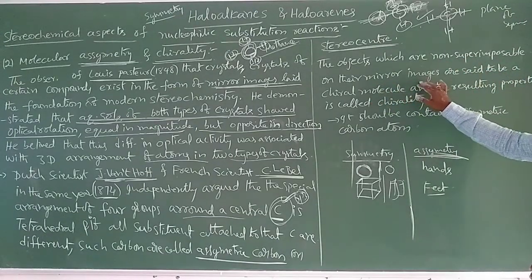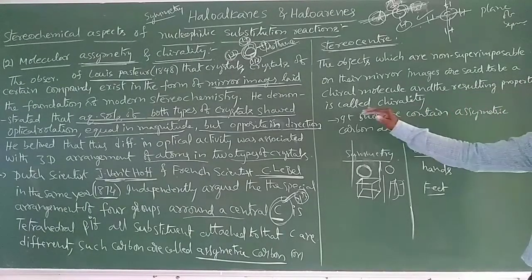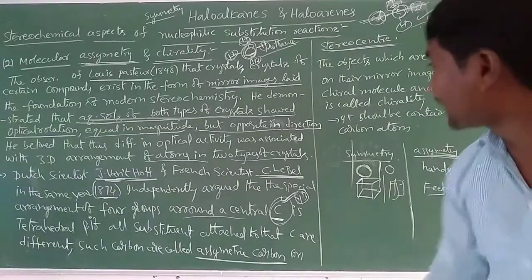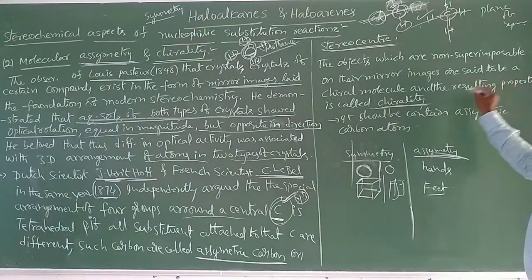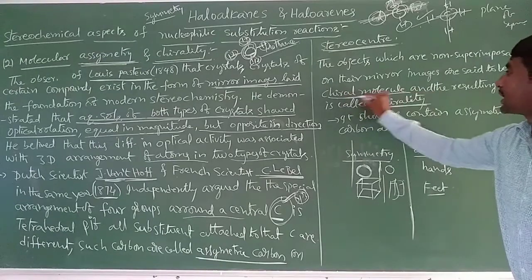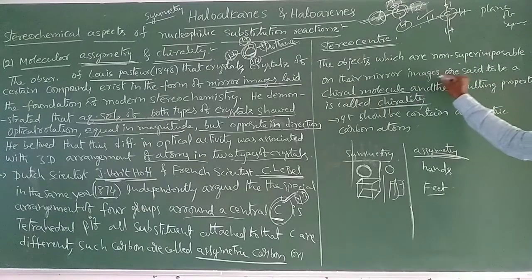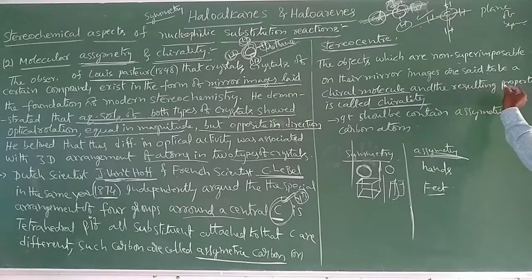What is chirality and what is a chiral molecule? A chiral molecule: the objects which are non-superimposable on their mirror images are said to be a chiral molecule, and the resulting property is called chirality.